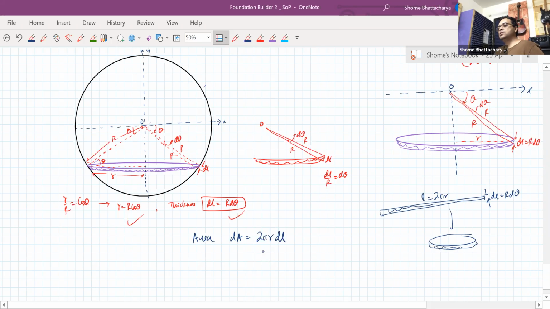So it is 2 pi r cos theta into r d theta. The area of that particular ring is given by 2 pi r square cos theta d theta. This is just the area of the ring alone.